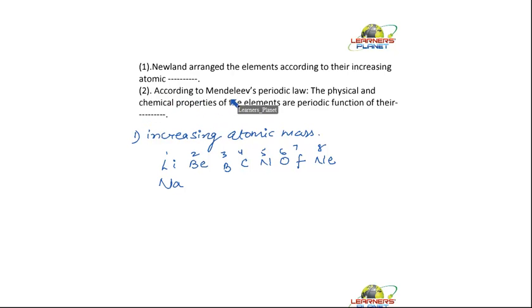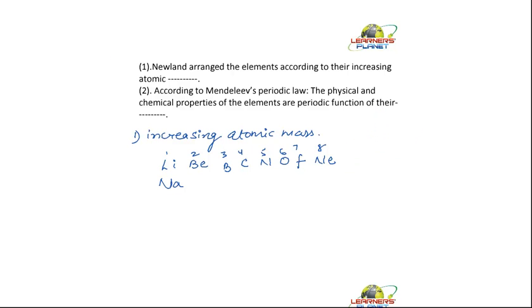Now the second question is, according to Mendeleev's periodic law, the physical and chemical properties of the elements are a periodic function of their what?